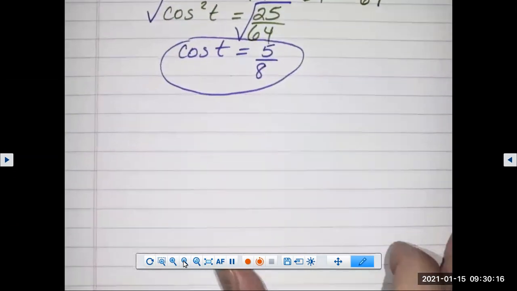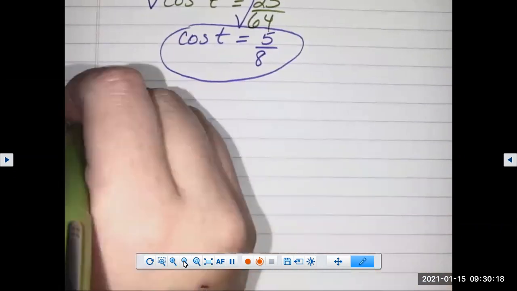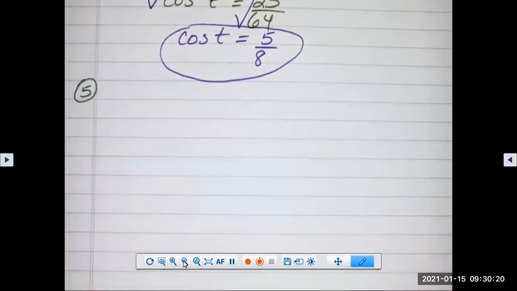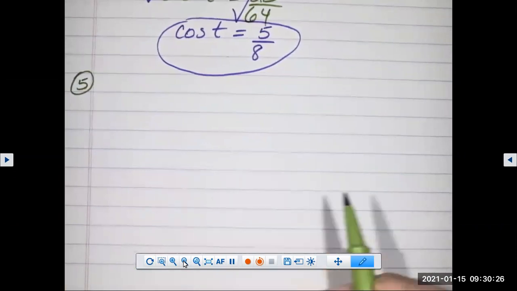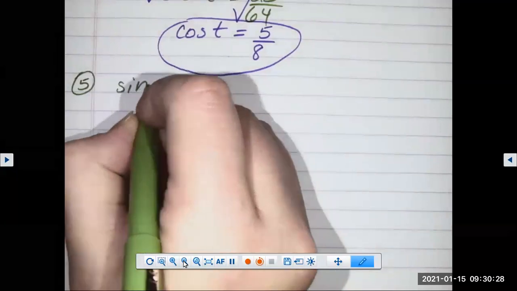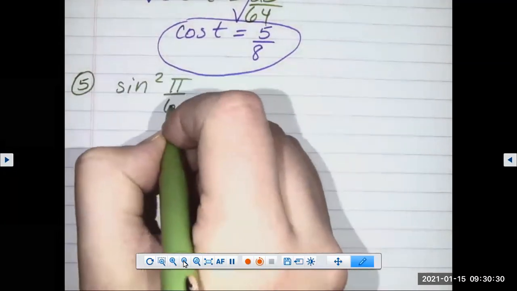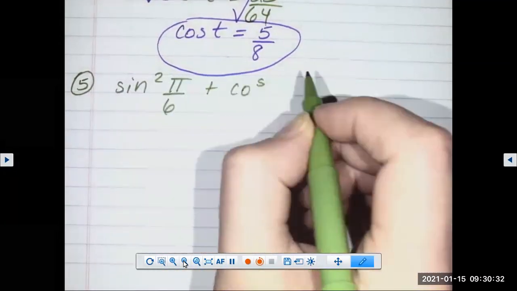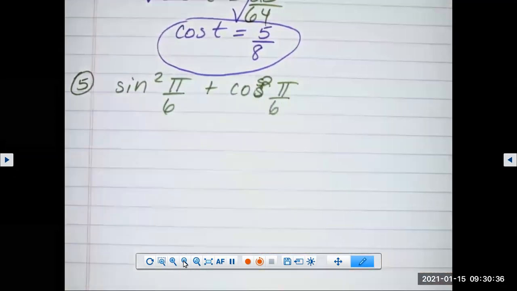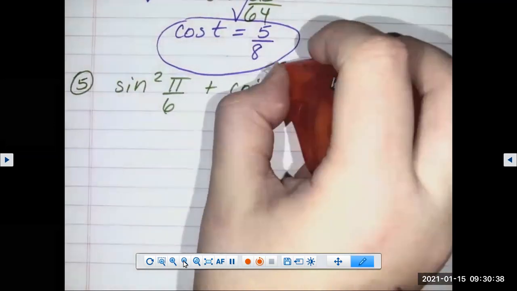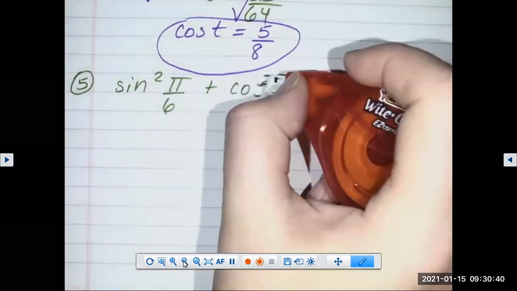They also give you some very easy problems, but if you don't know your identities and don't know what to do with them, you're going to be lost. It says use identities to find the value of each expression. They give you this: sine squared pi over 6 plus cosine squared of pi over 6. And they want you to find out what that's equal to.